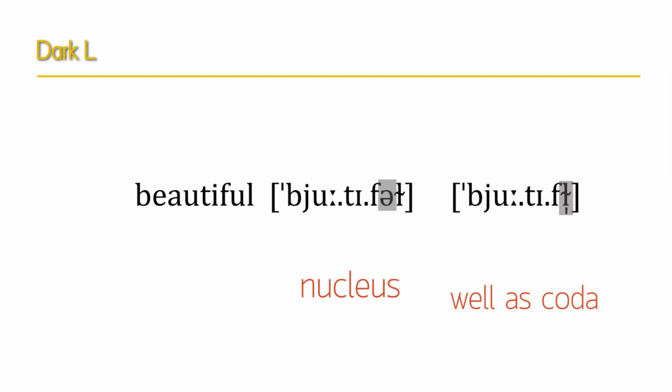So if you say beautiful, then it would be easy because the vowel is the nucleus, L is the coda, and you can say, okay, it is in the coda and it is darkened. But if you have full, the L itself is the nucleus and the coda. So there is no vowel, there is a syllabic consonant. So in that case, it becomes a nucleus. It's still part of the rhyme, and it is darkened.